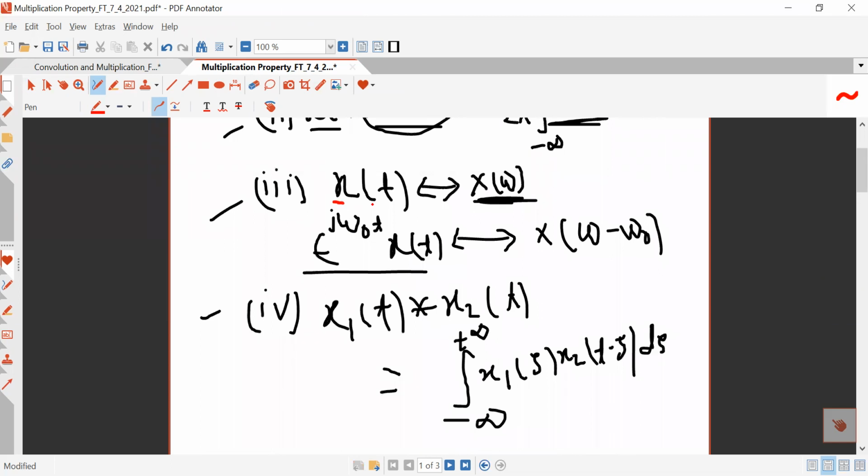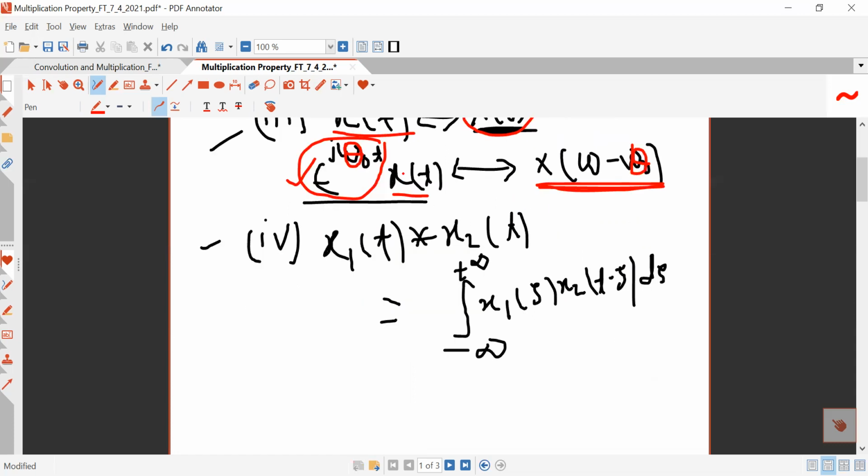if the Fourier transform of x(t) is X(omega), then if you multiply e to the power j omega naught t in signal x(t), then in the frequency domain, the signal will be shifted in the right direction. If you multiply e to the power j theta t, then the signal will be shifted by an amount theta in the right direction.